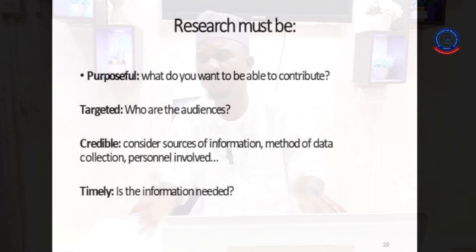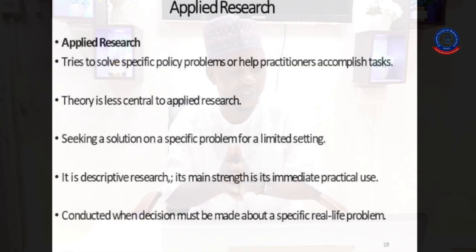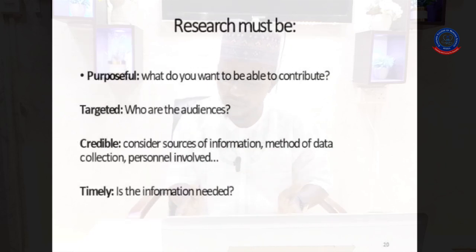Who collects the data? Then a good research must be timely. Is the information needed? You cannot take 2 or 3 years, because the problem you are trying to solve may have metamorphosed into a different problem.